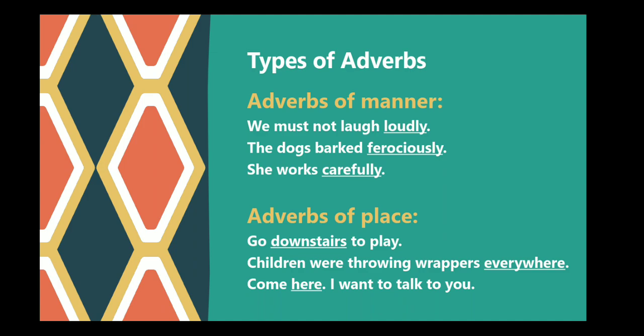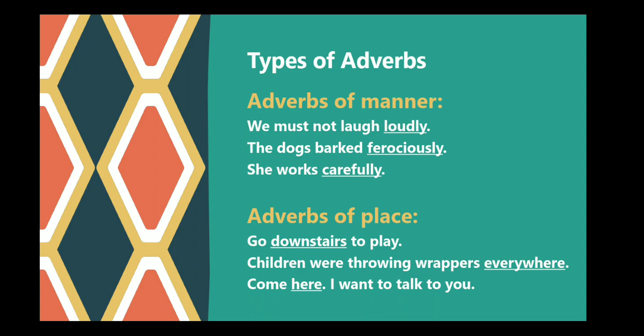So we must not laugh loudly. And how did the dogs bark? They barked ferociously. She works carefully. So how did she work? She worked carefully, or she works carefully. That's her habit.